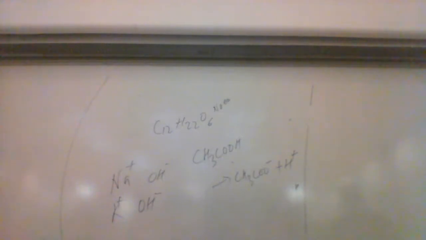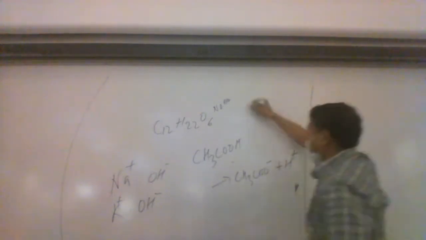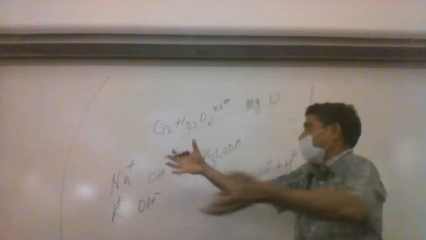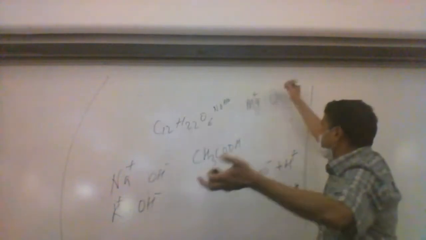First of all, they need to dissolve. If they dissolve, then they are the electrolyte. If they don't dissolve, the particles cannot separate to move. For example, let's say you take magnesium oxide, which we talked about in the last class. It has a +2 charge and a -2 charge.